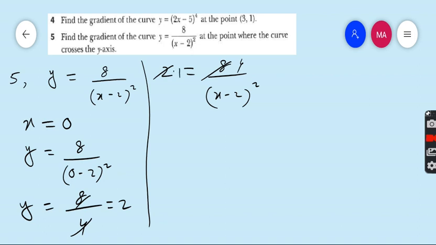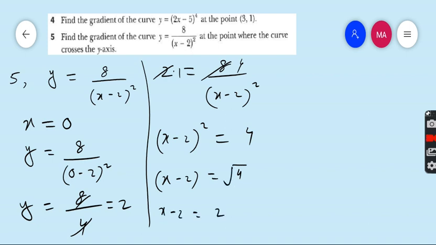The (x minus 2) is in the denominator, so it should multiply on the other side, so (x minus 2) whole square is equal to 4. Taking the square root on both sides, x minus 2 is the square root of 4, which is 2. So x is equal to 2 plus 2, which is 4.